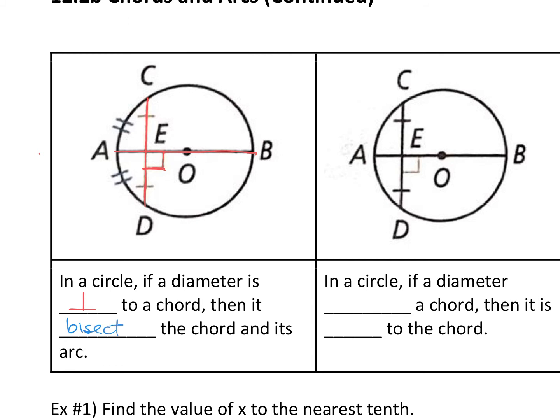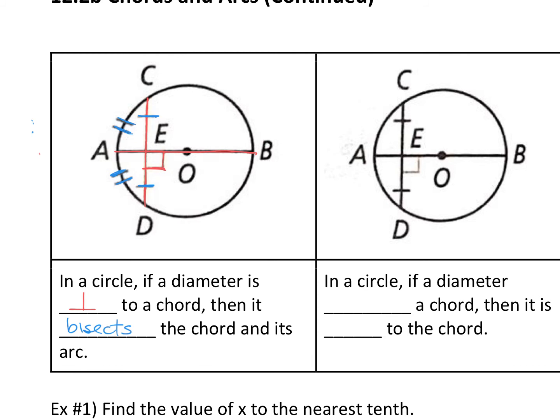So if it's perpendicular and it goes through the center, it's a diameter, then those two pieces are congruent. CE is congruent to ED, and arc CA is congruent to arc AD. So if you know the red, then you know the blue, is basically what we're saying.